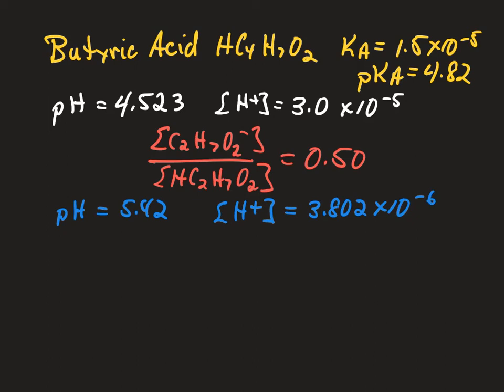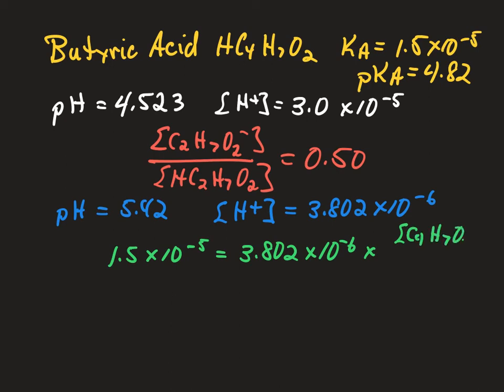Now, I said I would do this using the Ka expression, so we get 1.5 times 10 to the minus 5 is going to be equal to our 3.802 times 10 to the minus 6, that's our hydrogen ion concentration, times our concentration of our butyrate, divided by our concentration of butyric acid.